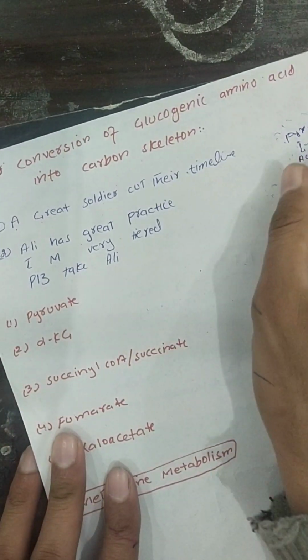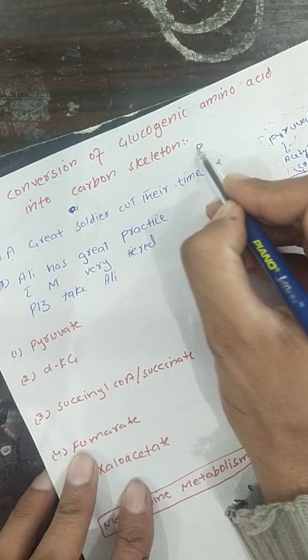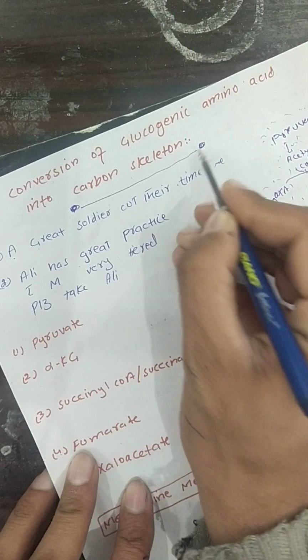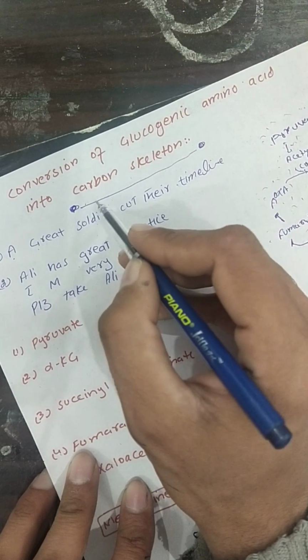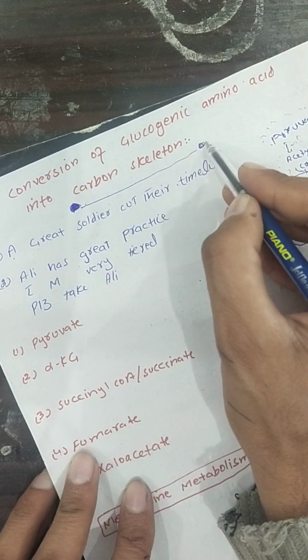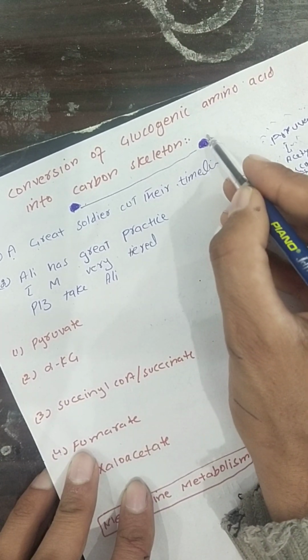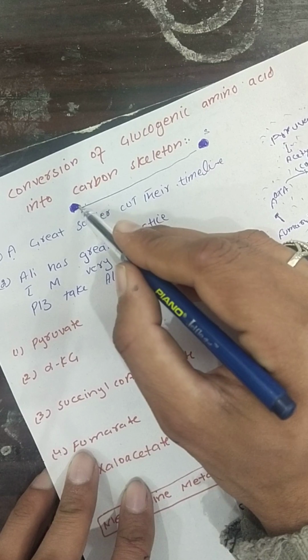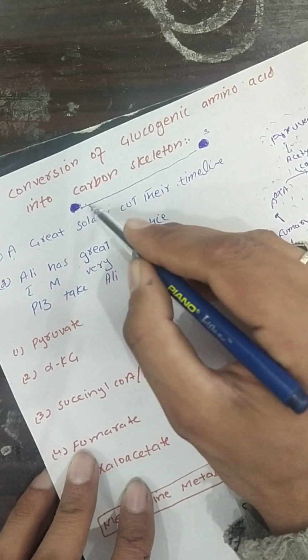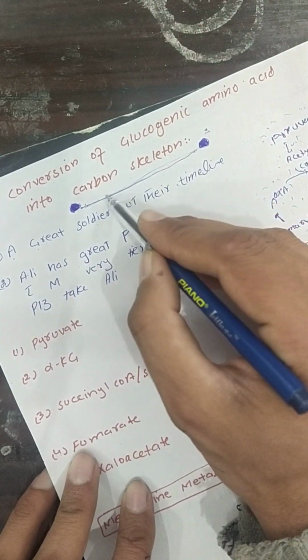What does it mean, a great soldier cut their timeline? A timeline is a pathway by which food, materials and weapons are supplied from the main military source to the area where the war is present. There the soldiers are present, and the path by which the food and weapons are transported is called the timeline.